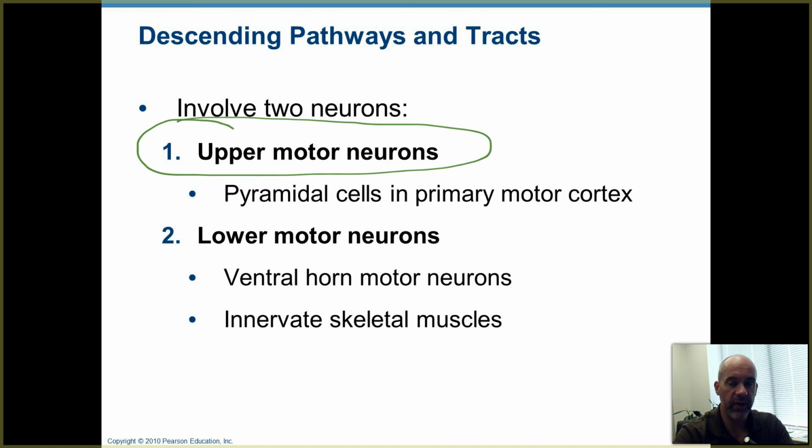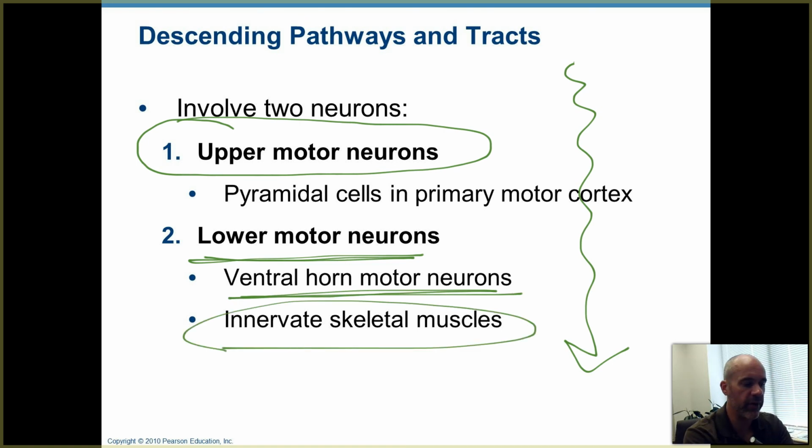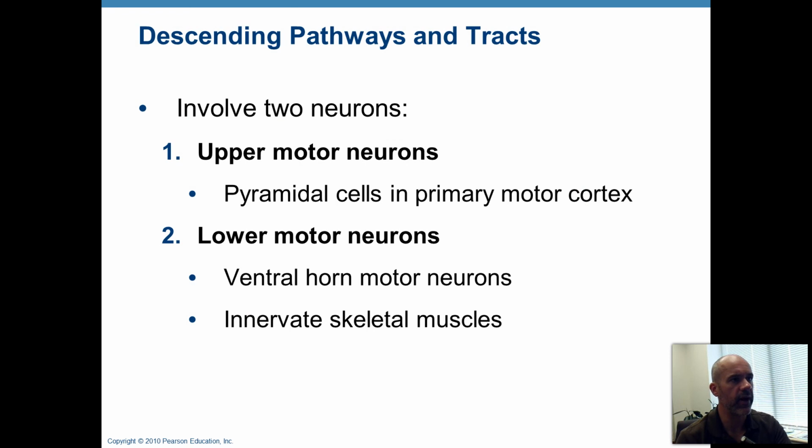And if they receive enough stimulation, they send action potentials down descending pathways. And then they form synapses with lower motor neurons. Those are the guys we've talked about before. So these are going to send their axons out to skeletal muscles to try to stimulate them to contract.